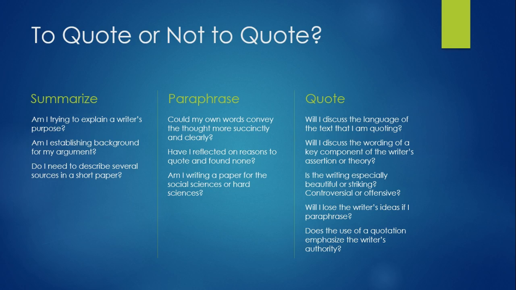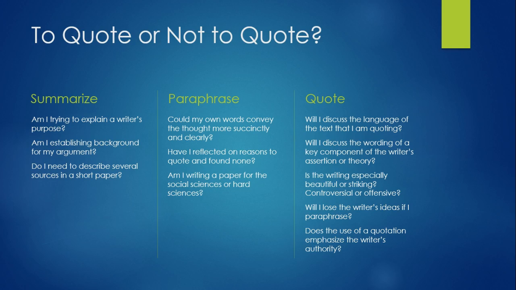When am I going to quote? If you are able to answer yes to any of the following questions, then indeed you should turn toward quoting. But remember that quotation is not your first or only way to use sources. Will I discuss the language of the text that I am quoting?